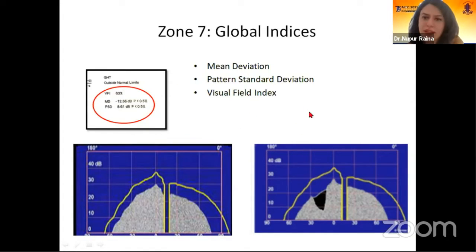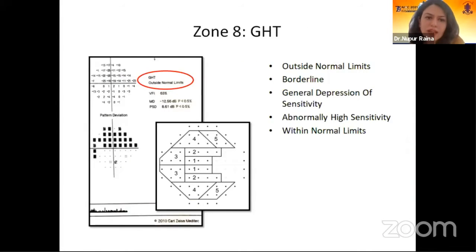And the visual field index correlates very well with the ganglion cell layers of the retina. So a value of 100% means completely normal fields, and a value of 0% means complete blindness on that particular parameter.